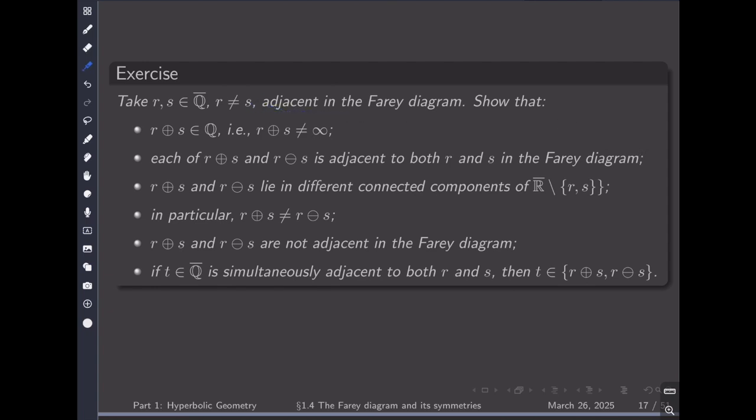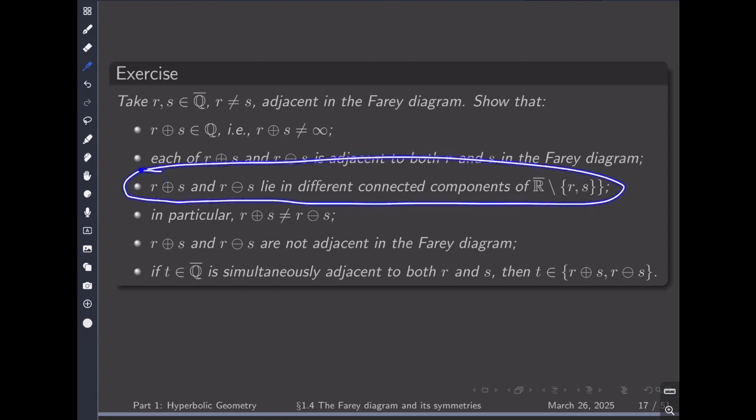And now the thing is, the exercise is that not only they are adjacent to the naive sum, but they are also adjacent to the naive subtraction, which in a way we already saw. This one is interesting. We know that this one lies between the two of them.